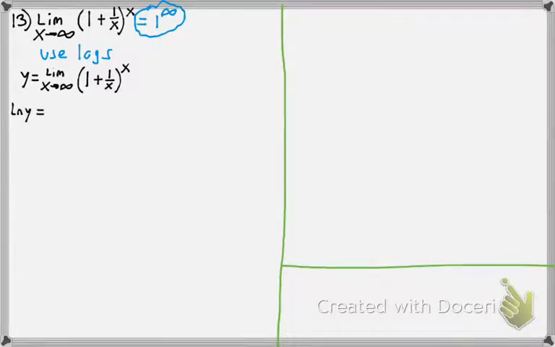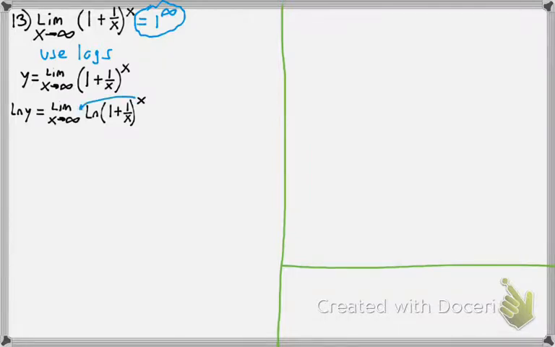So ln of y is equal to the limit as x goes to infinity of ln of (1 plus 1 over x) raised to the x. The reason we are taking the logarithm is because it allows us to bring the x down out in front.